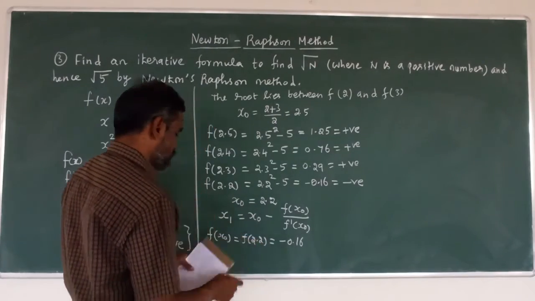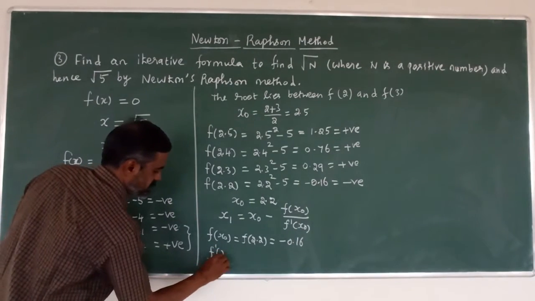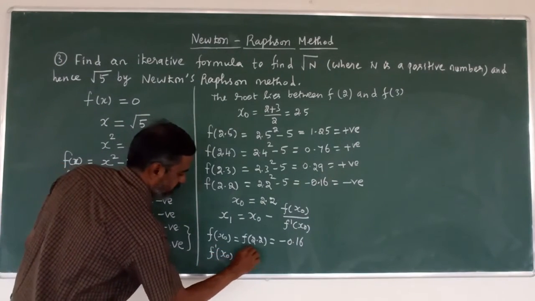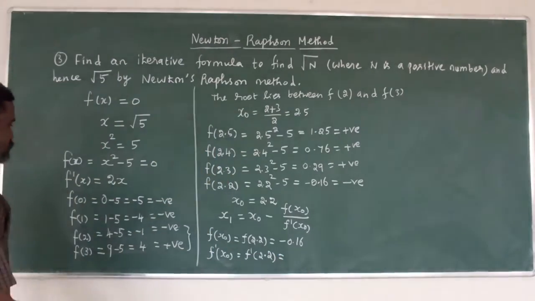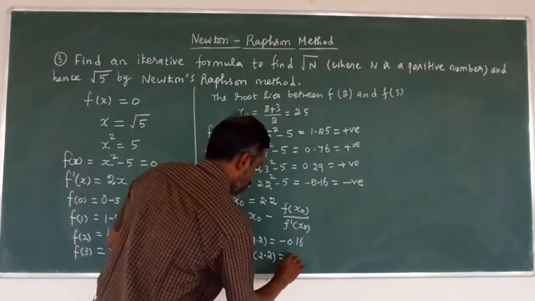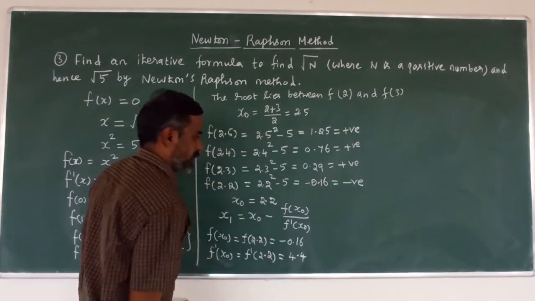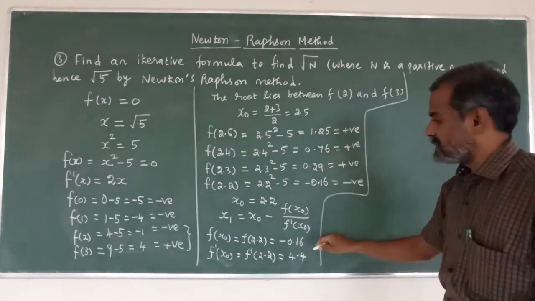And f dash of x naught equal to f dash 2.2, substituting 2.2 into 2x, we get 4.4.